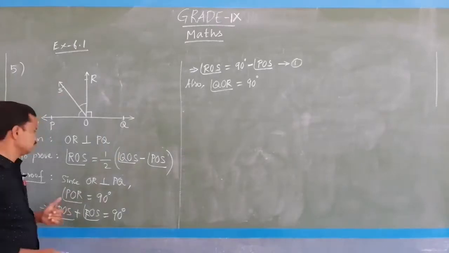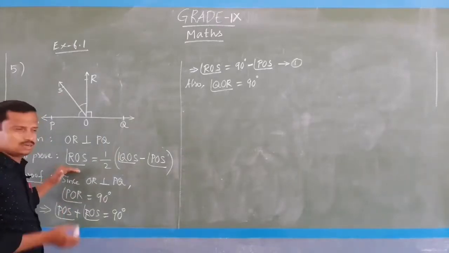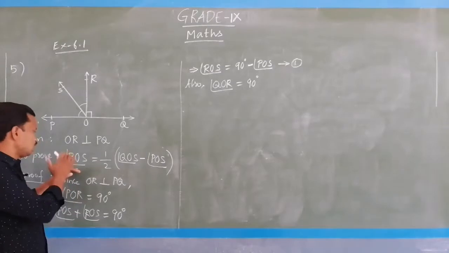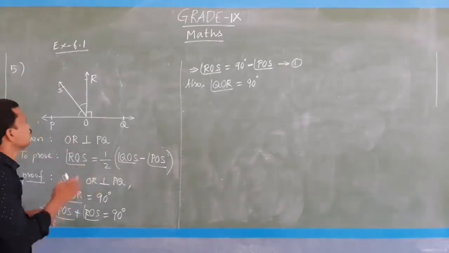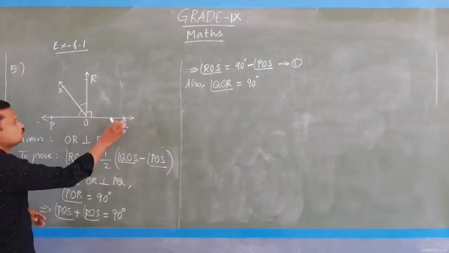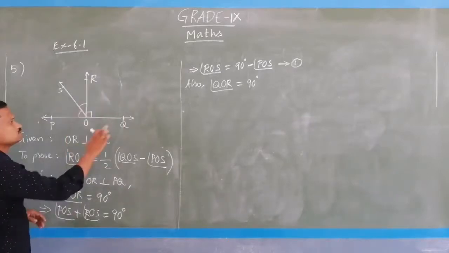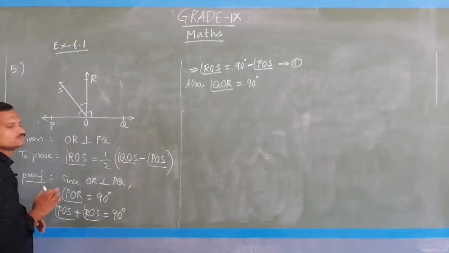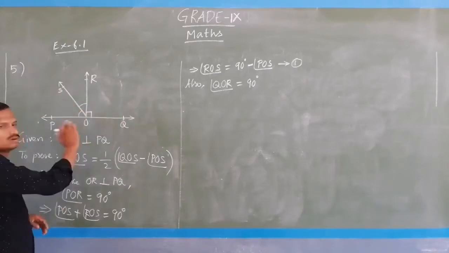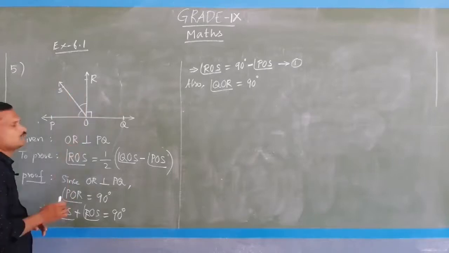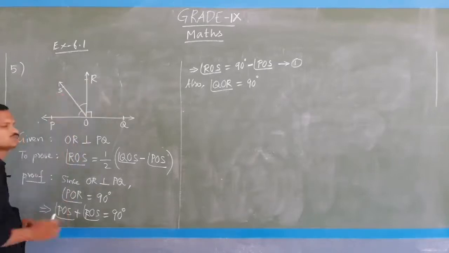How? In our splitting, ROS should exist. So angle QOR we can write as QOS, that is obtuse angle QOS, from that one acute angle ROS, if we subtract we get QOR.